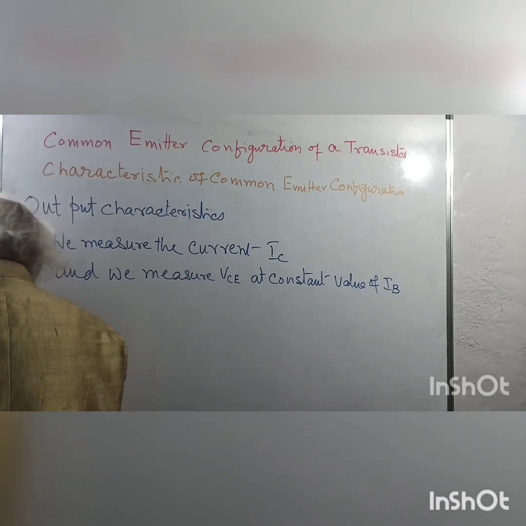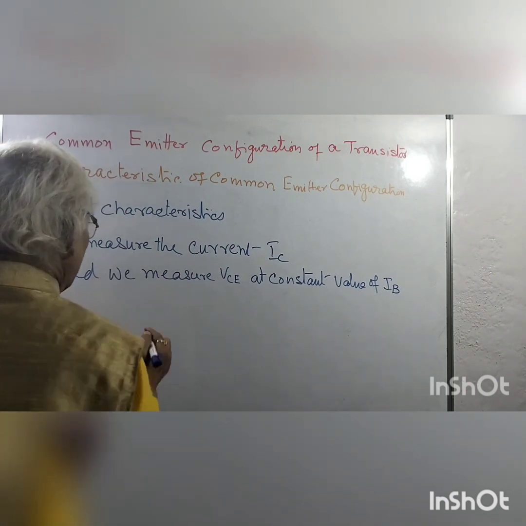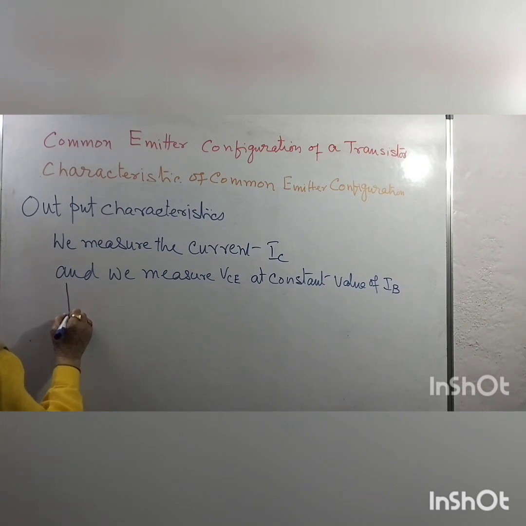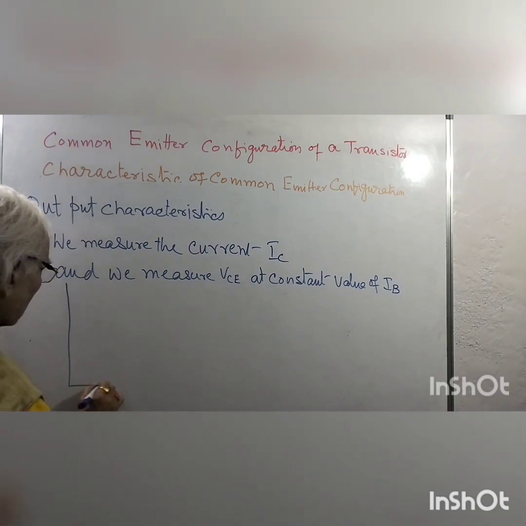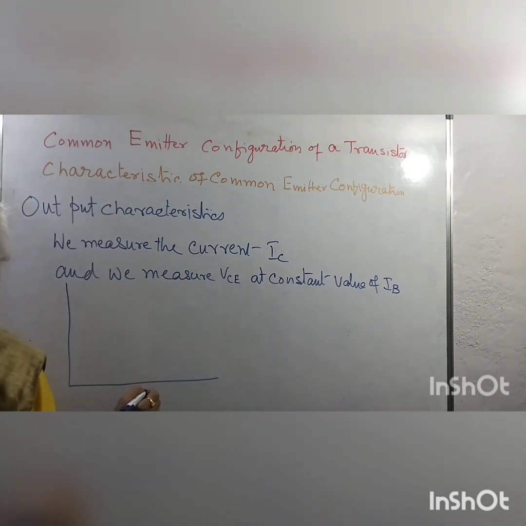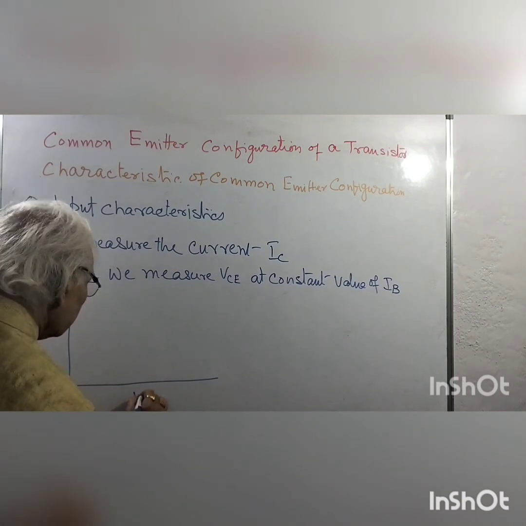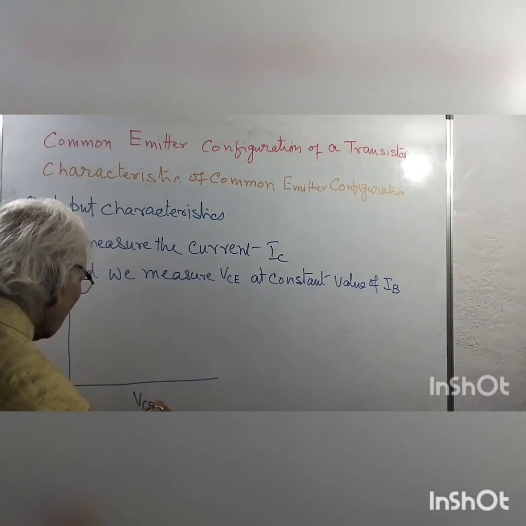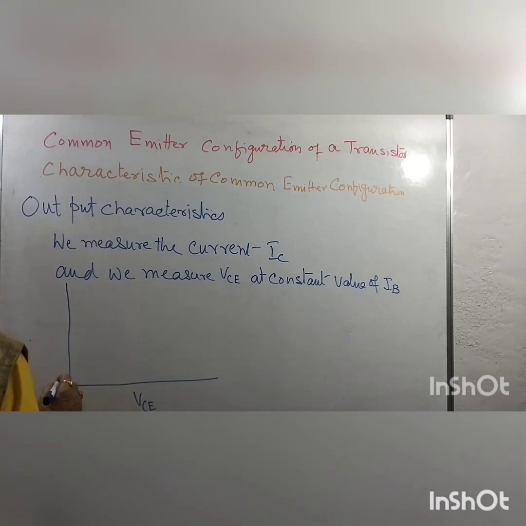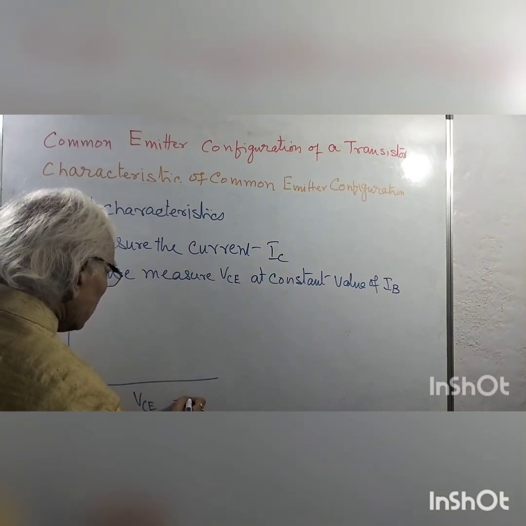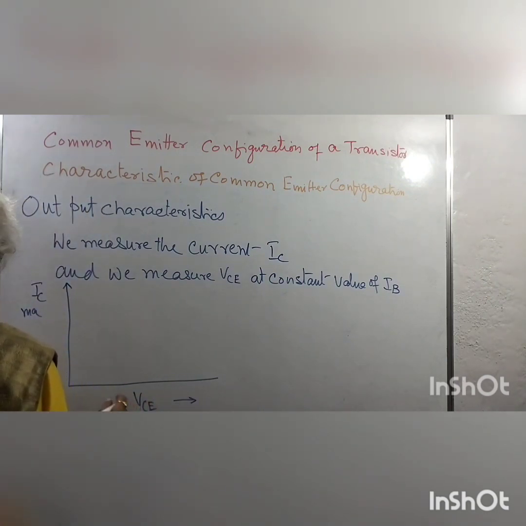The graph is, say, I show you the experimental curve. This side we have, say, VCE. This side we have, say, IC, collector current, a few milliamperes, and VCE is in volts. This is increasing like this. So VCE is on this side and constant IB.